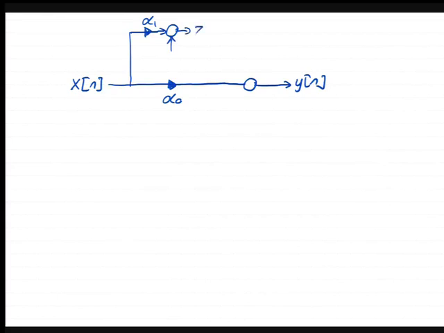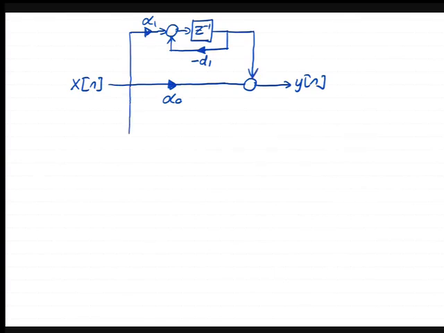Z inverse, we have negative d1 here, and this feeds into that, all right?